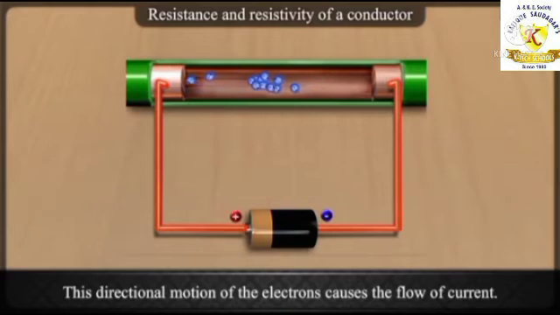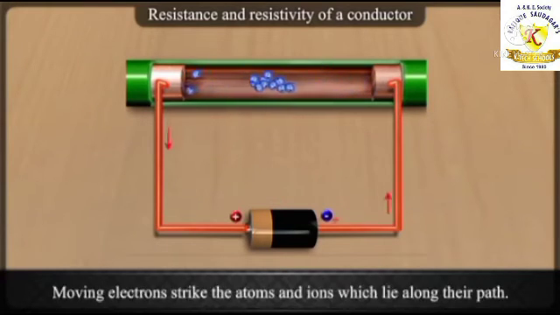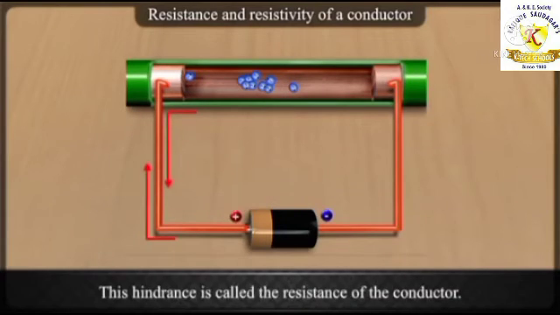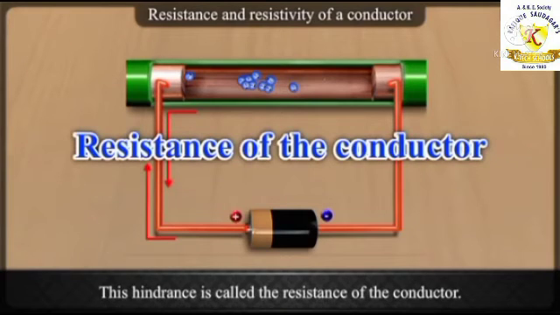This directional motion of the electrons causes the flow of current. Moving electrons strike the atoms and ions which lie along their path. Such collisions cause hindrance to the flow of electrons and oppose the current. This hindrance is called the resistance of the conductor.